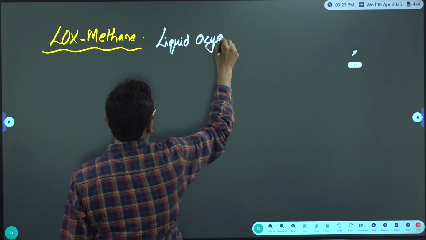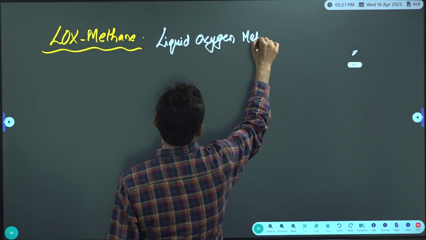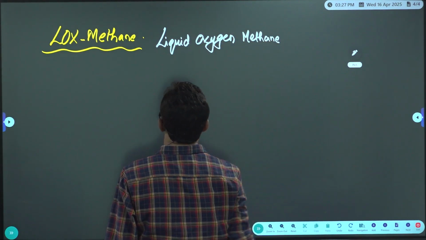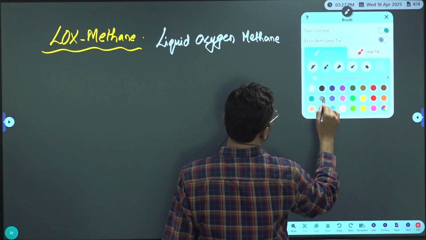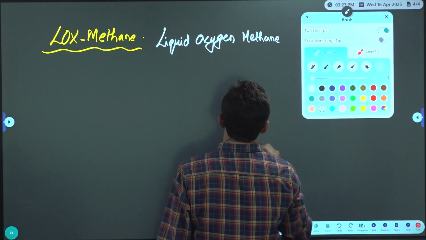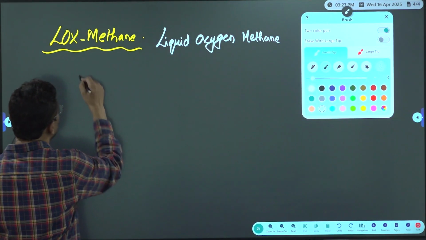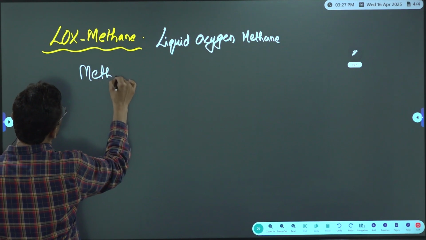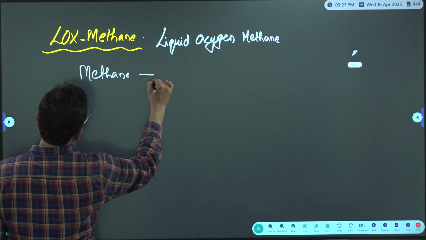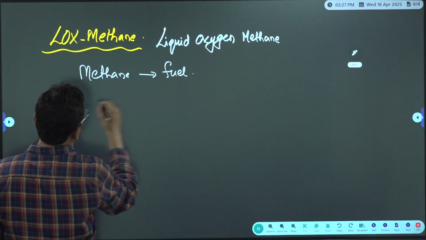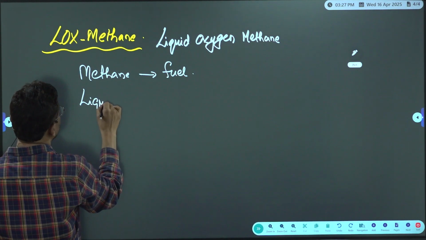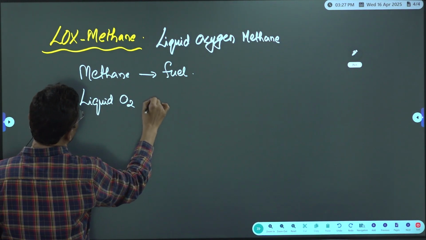Here the methane acts as a fuel and liquid oxygen as an oxidizer.